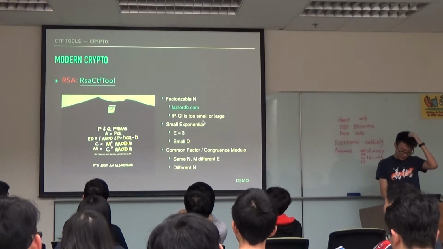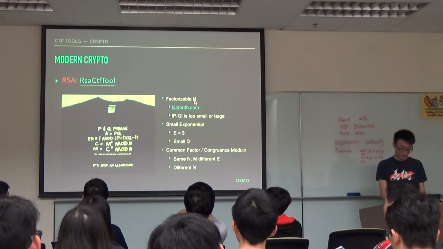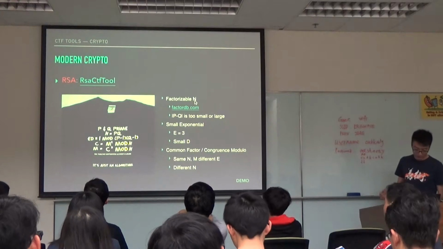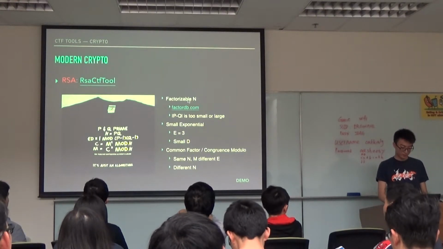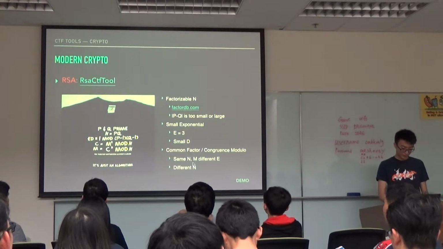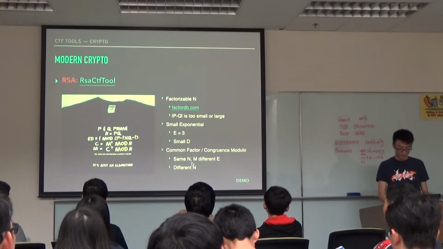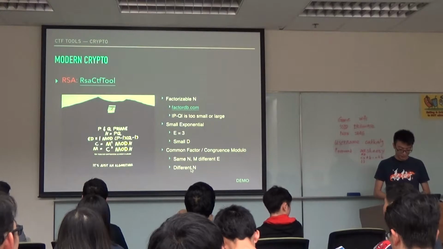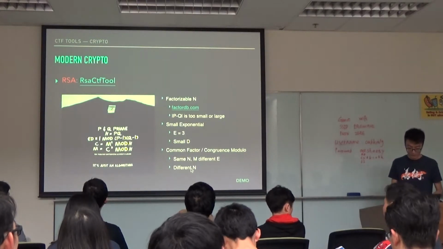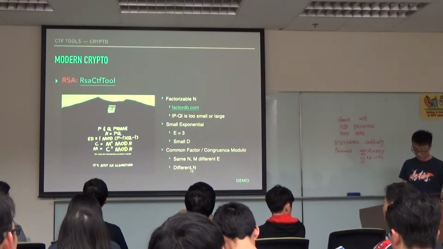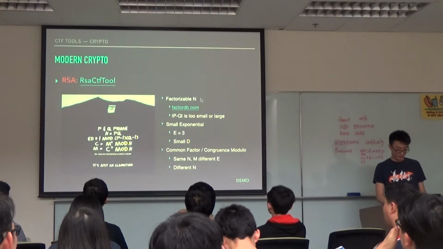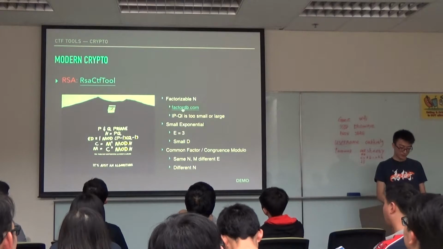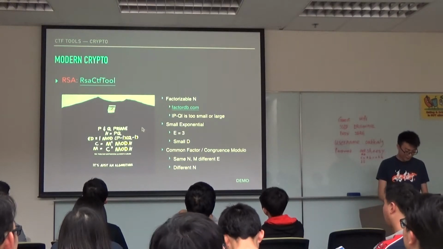And also, for N, we don't know if we can factorize it, so we can try these two methods. For those two methods, we don't find a pair of different N or different E. So our only method is to factorize that N. So let's try.